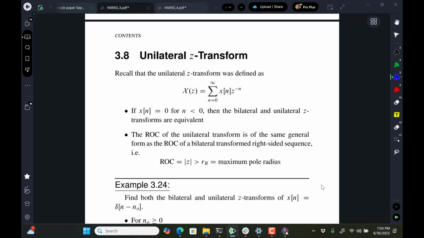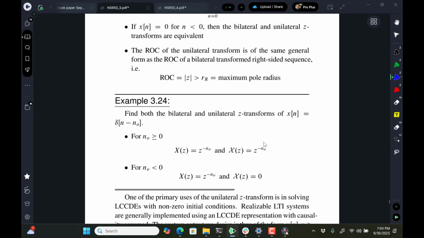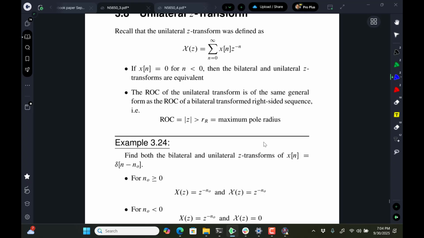So we'll talk about the unilateral Z transform. It starts at n equal to 0, and there are some interesting things about it because it's only a right-sided sequence. Regions of convergence are always the exterior of the maximum pole radius, so that actually simplifies things to some extent.